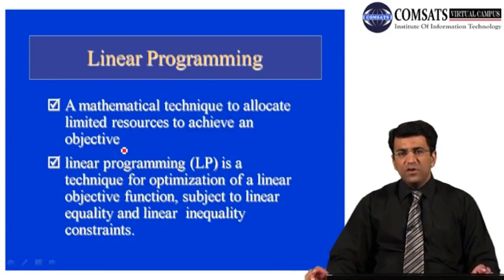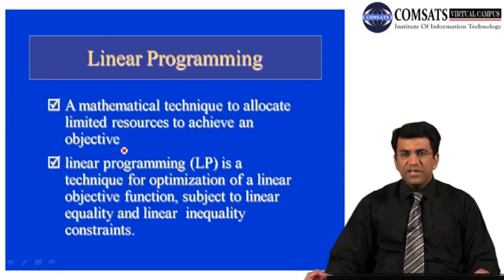So in linear programming, we are always concerned with linear functions. We are not interested in quadratic or other functions in which the power of the variable is more than 1. That is very important to note, that we try to optimize our linear objective function.